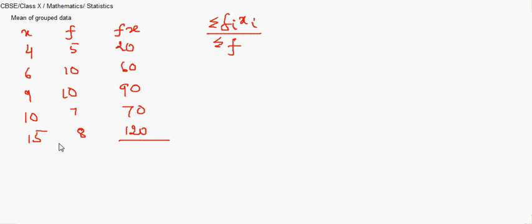Now you add this fx, we get 360, and if we add the f column, I'm getting 40. So the mean will be 360 upon 40, that's giving us 9. This was pretty simple.